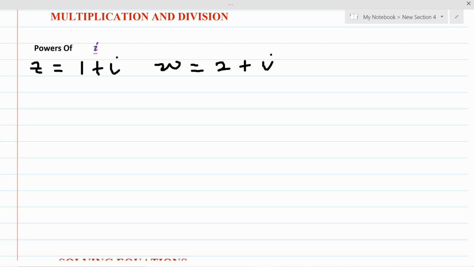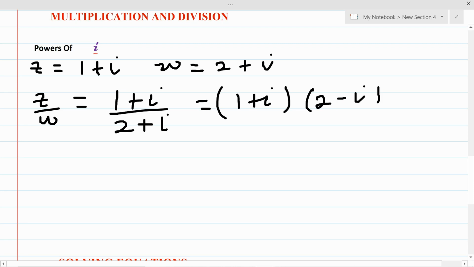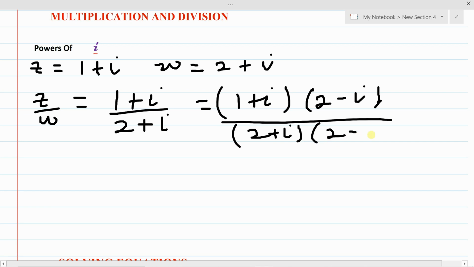Then z over w is equal to 1 plus i over 2 plus i, and this is equal to 1 plus i times, we multiply both numerator and denominator by the conjugate of the denominator, 2 minus i, all over 2 plus i times 2 minus i.